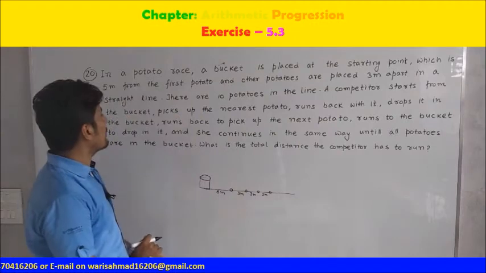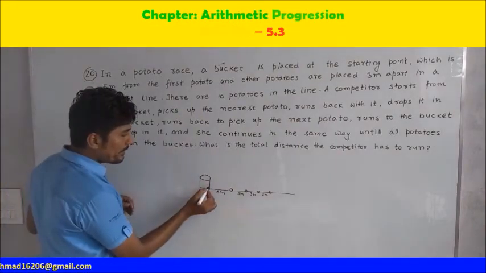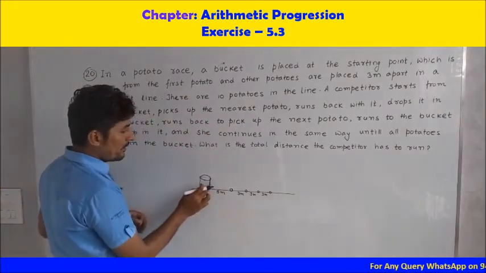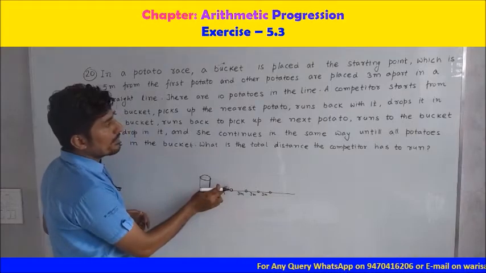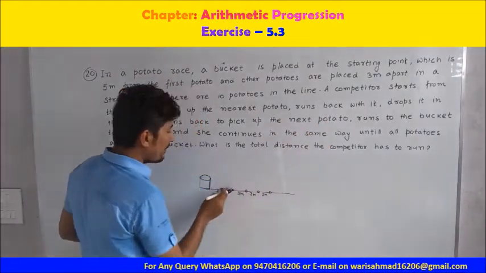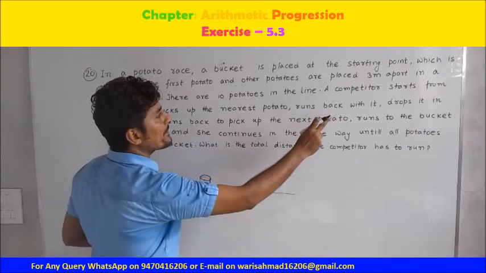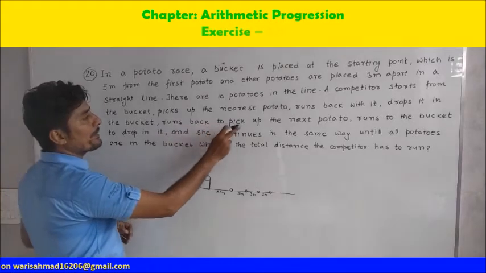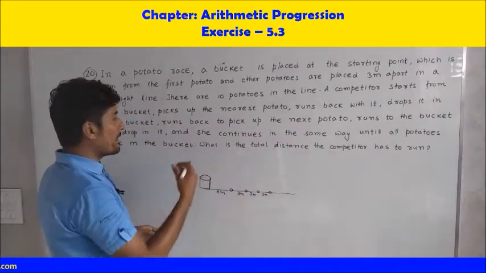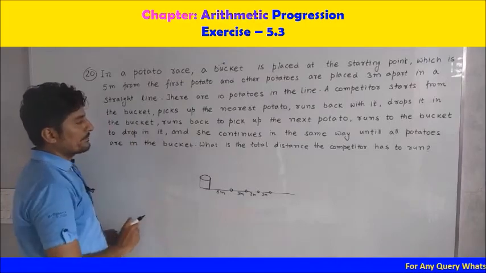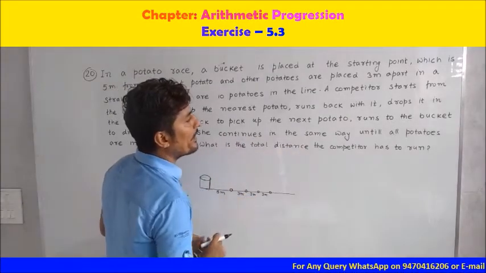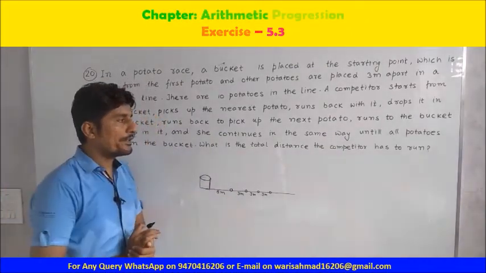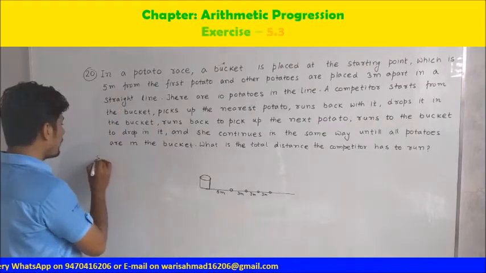A competitor starts from the bucket, picks up the nearest potato, runs back with it, drops it in the bucket, and then runs back to pick up the next potato, runs to the bucket and drops it in. And she continues in the same way until all potatoes are in the bucket. What is the total distance the competitor has to run? So let us see the solution of this question.